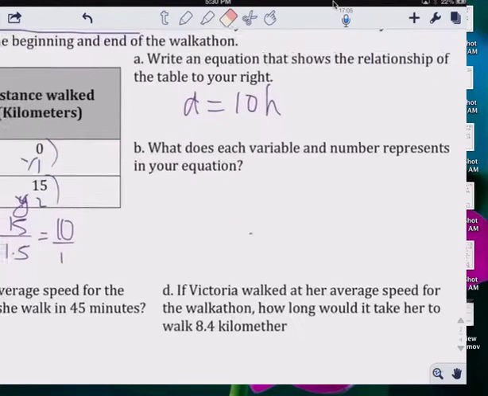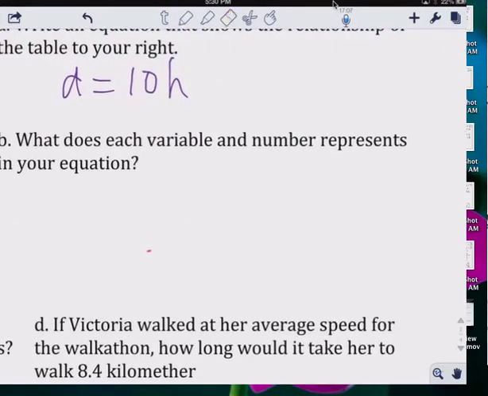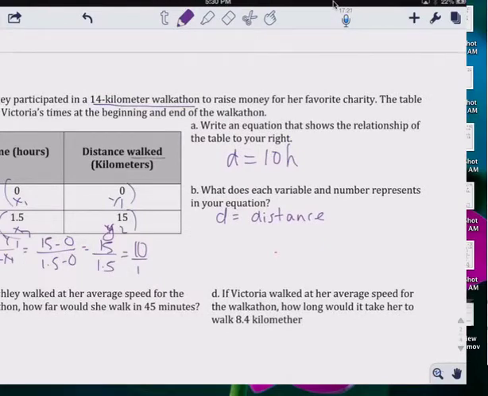What does each variable and number represent? Okay, d equals distance, distance walked in kilometers.